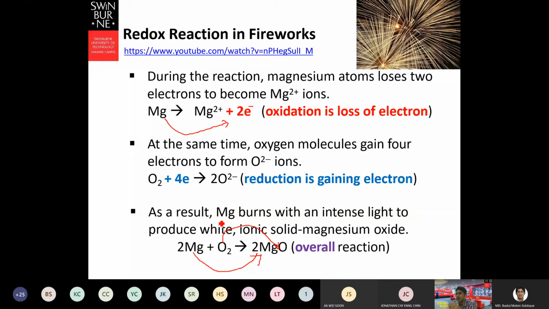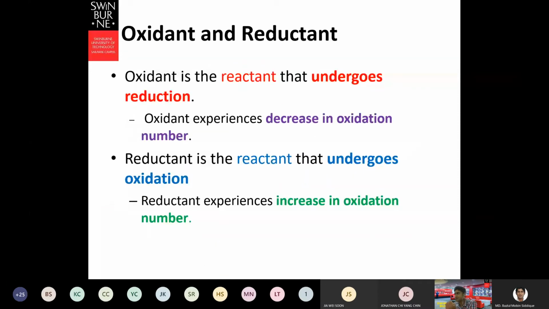This is one example. Oxidation and reduction reactions occur together. If there is an oxidation reaction, there must be a reduction reaction as well. All right, so oxidation and reduction reactions.